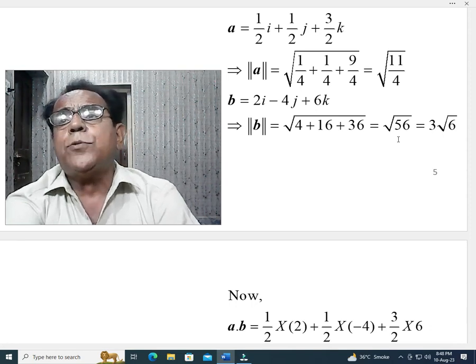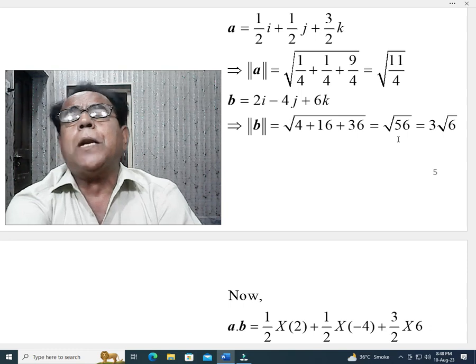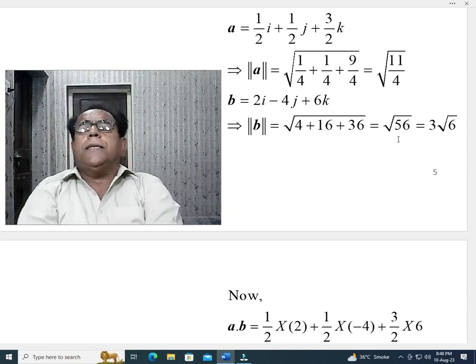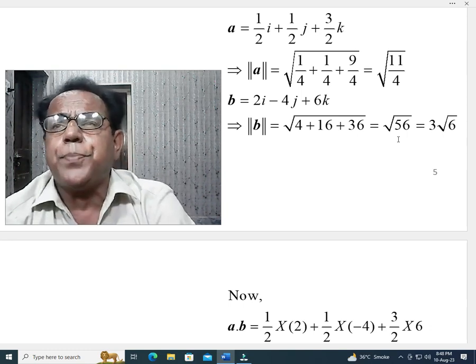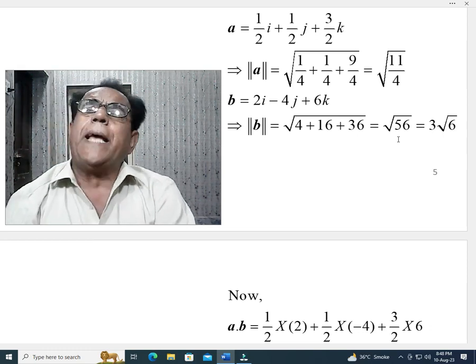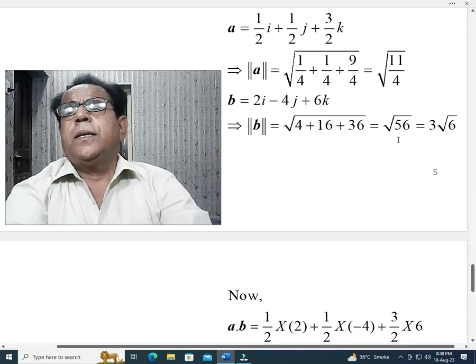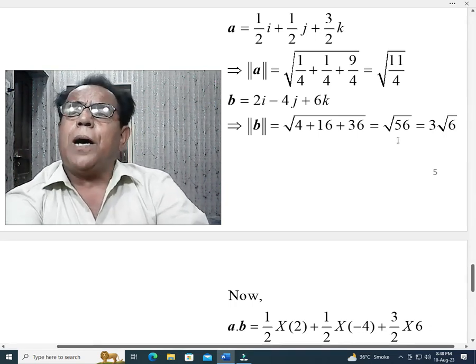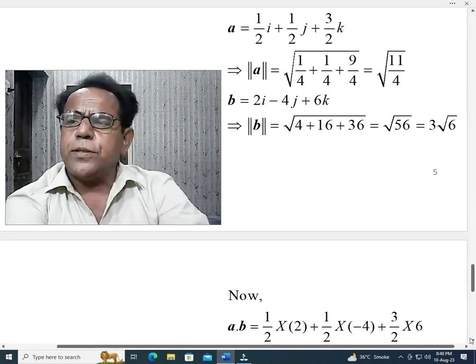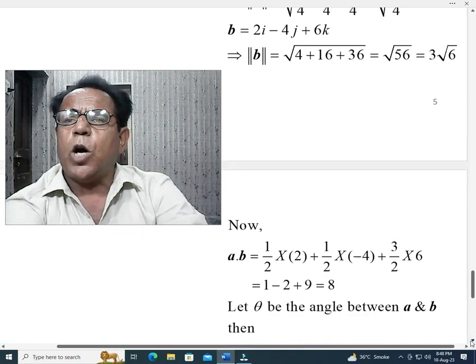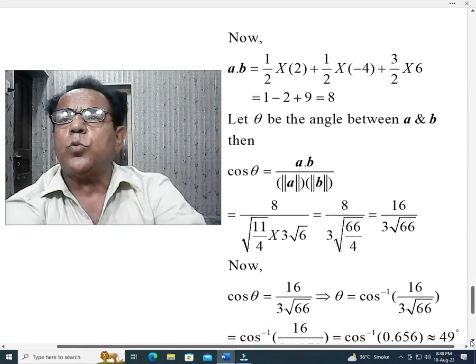So 3 raised to the power 2 raised to the power 1 by 2, because under root represents a power half, 1 by 2. So that half will be cancelled with 3 square, and so 3 will come out of the under root, and hence 3 into 6 under root. Now dot product a dot b becomes equal to 8.